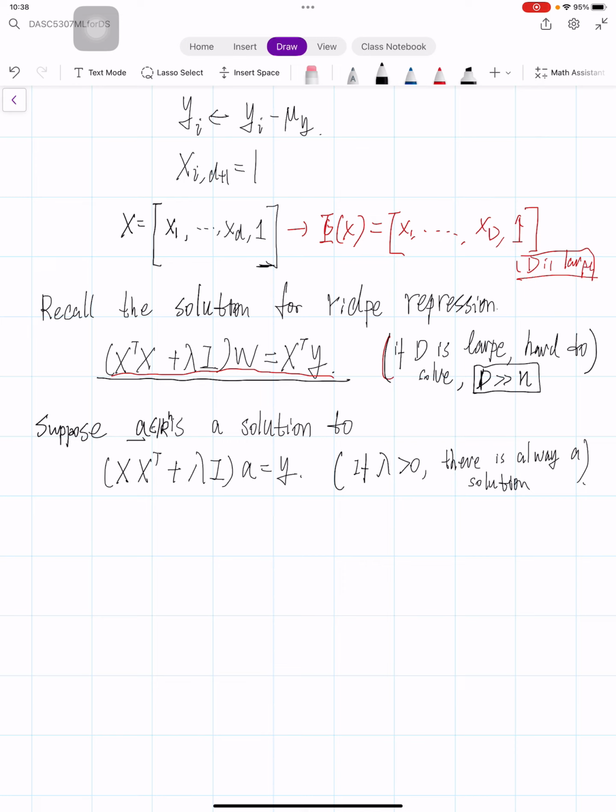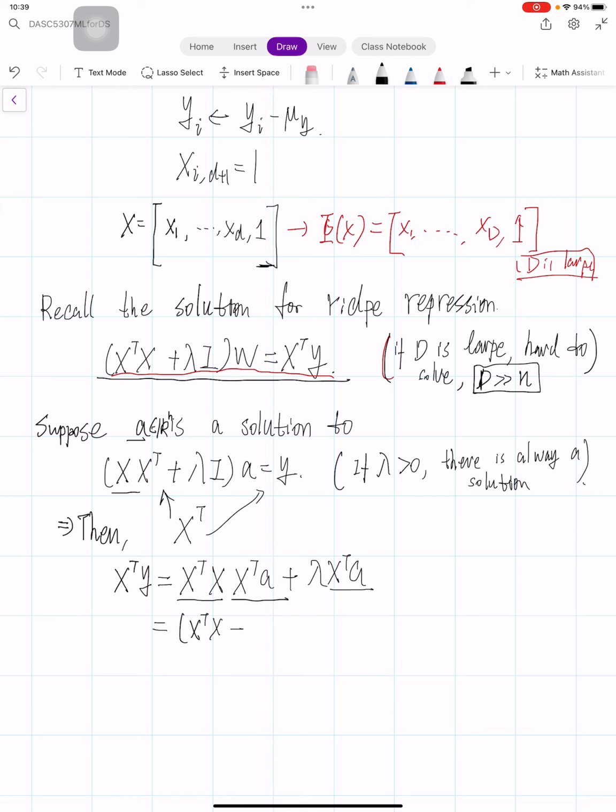Then if we multiply X transpose to each side, we have X transpose y equals X transpose (X X transpose) A plus lambda X transpose A. Now we can take X transpose A out: (X transpose X plus lambda I) times X transpose A. This lambda I is n by n, but this one is d by d, so be careful here.